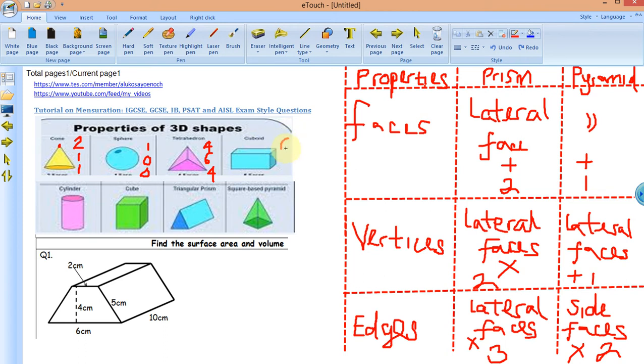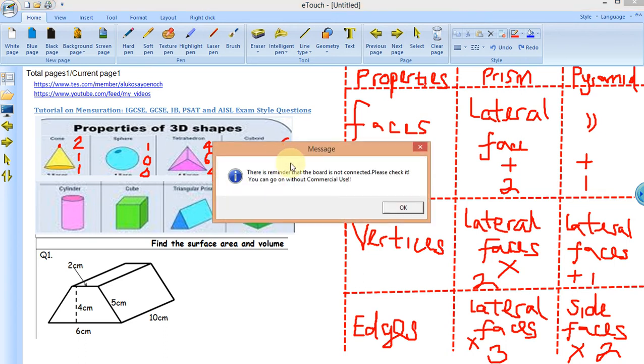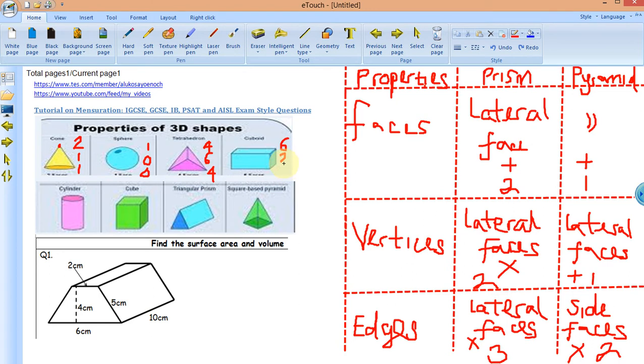So the number of faces all together is 6. And for a prism, for vertices we should do lateral faces times 2, and lateral faces are 4, times 2, that is 8. So the total number of vertices is 8. And for edges, our formula is lateral faces times 3. 4 times 3, that is 12.